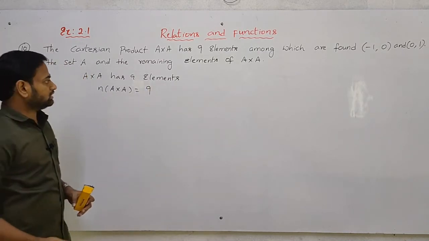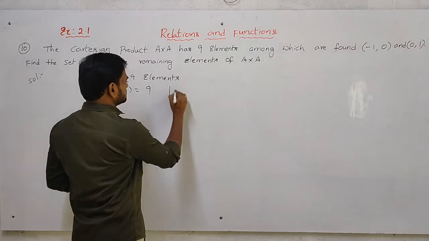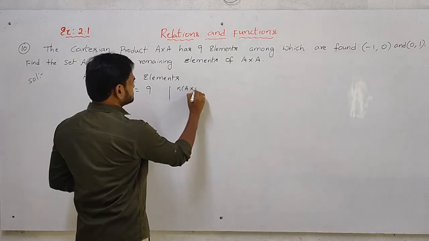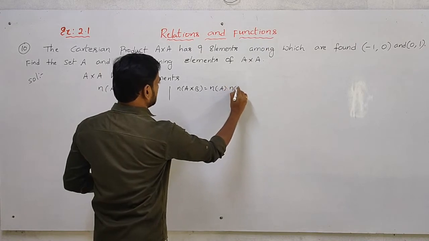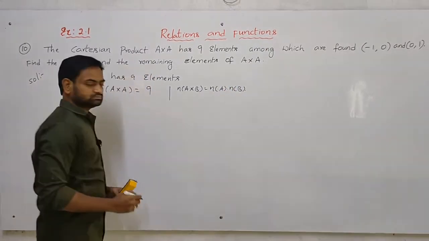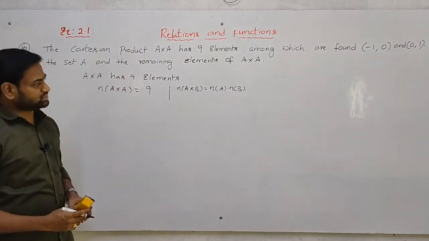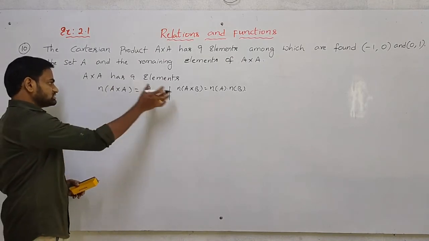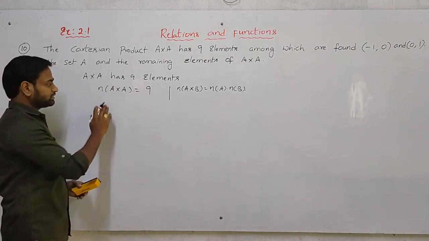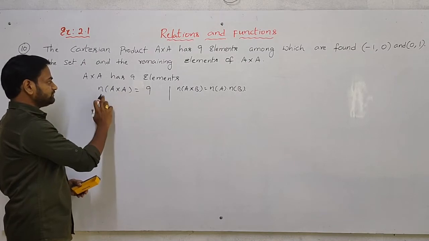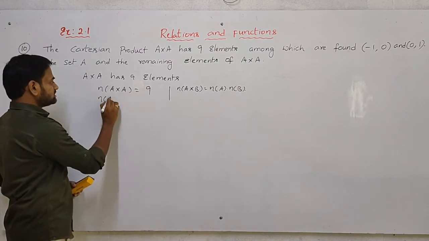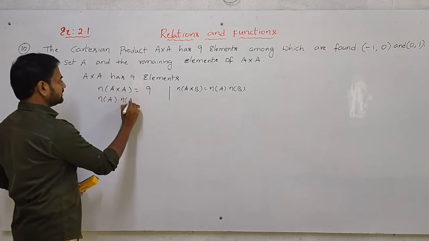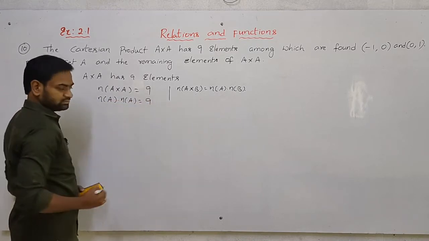So already I gave the formula, that is n of A cross B is equal to n of A into n of B. All of you know this formula. So in the same way apply here also. n of A cross B means n of A into n of B. n of A cross A means n of A into n of A equal to 9.